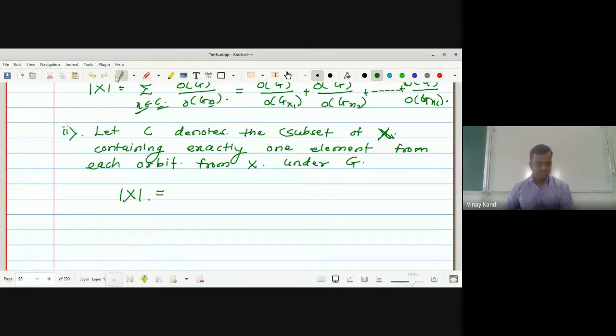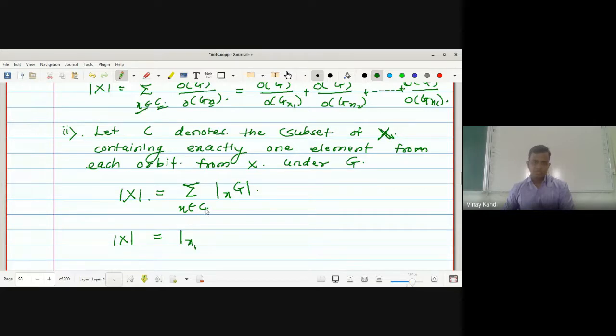The order of capital X is nothing but the summation over x belongs to C. Okay, the orbit, another name for the orbit is xG. Okay, this is the orbit. So what will I get? Order of X is equal to order of x1G.